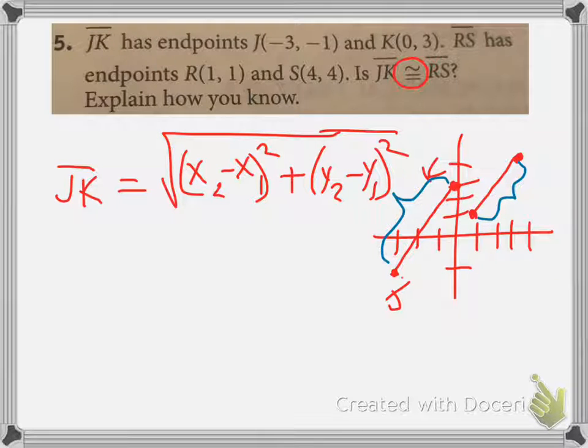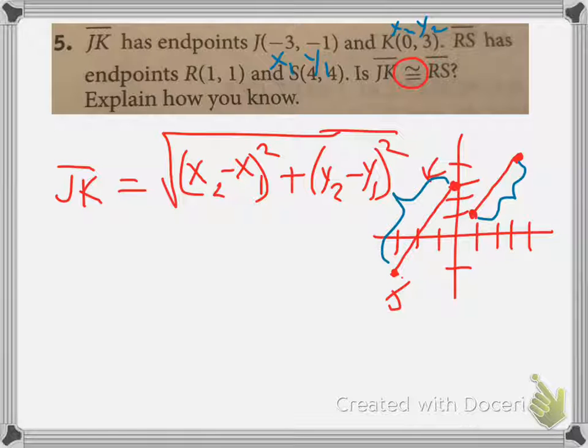What I like to do is always label the variables: this is x1 and y1, this is x2 and y2. This might look like a childish step, but it is not. Trust me, you make little mistakes when you don't label them.